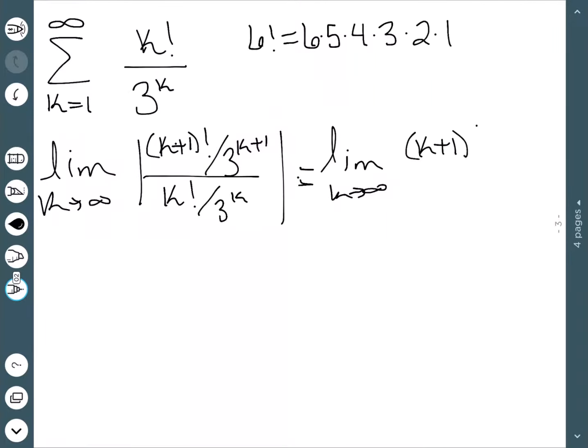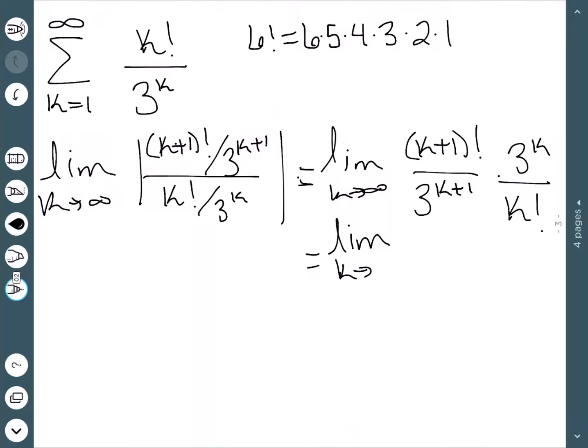So I have (k plus 1) factorial over 3^(k+1) times 3^k over k factorial. So now we need to consider how to reduce this. Well, first off, properties of exponents say that we subtract, so I'm left with a 3 on the bottom. And now I just need to figure out my factorials.